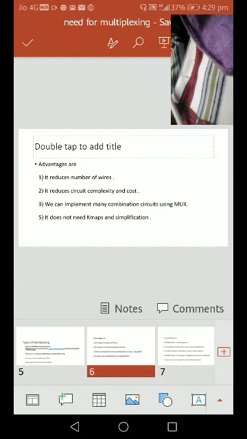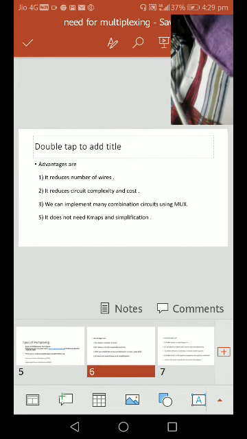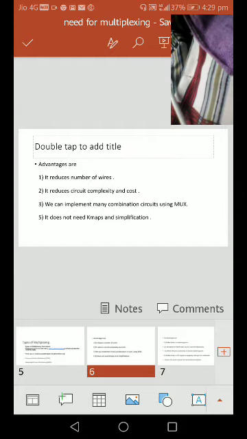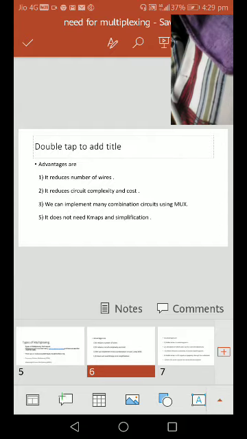Third point, we can implement many combination circuits using a mux.